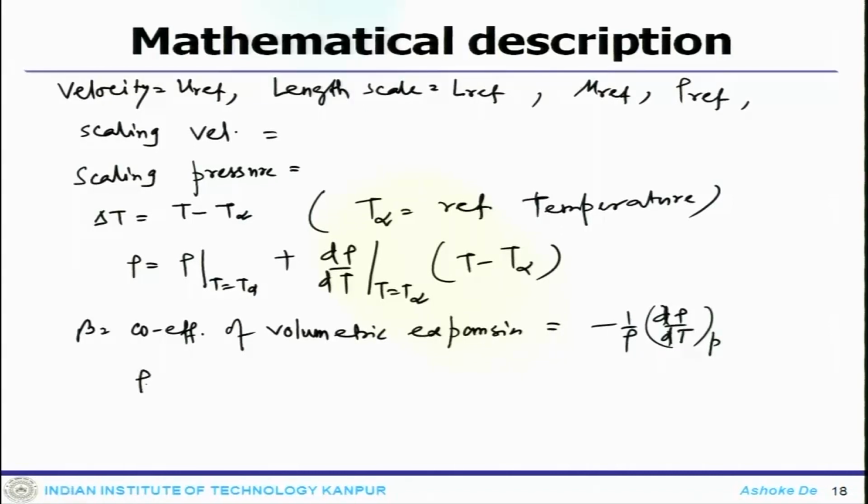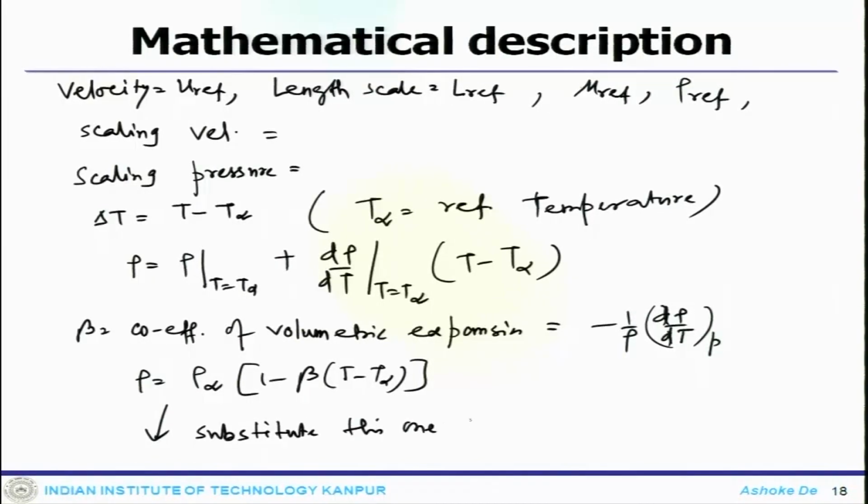So, rho becomes rho infinity times 1 minus beta (T minus T infinity). Okay. So, using that you substitute this in the y momentum equation. Okay.